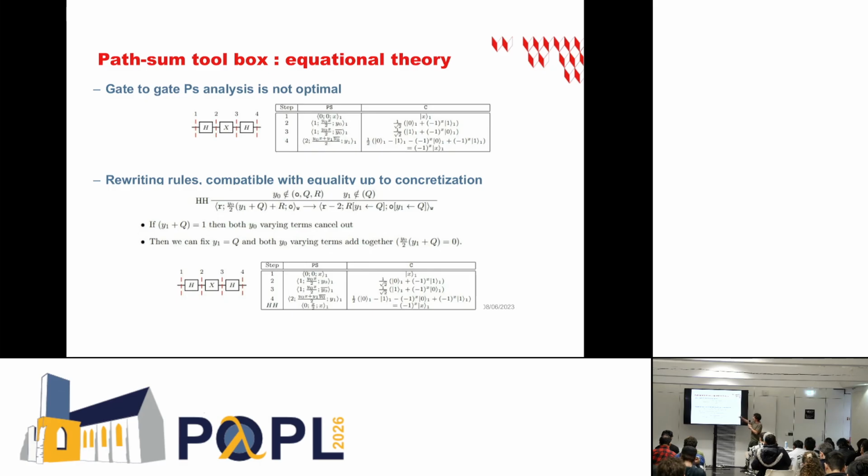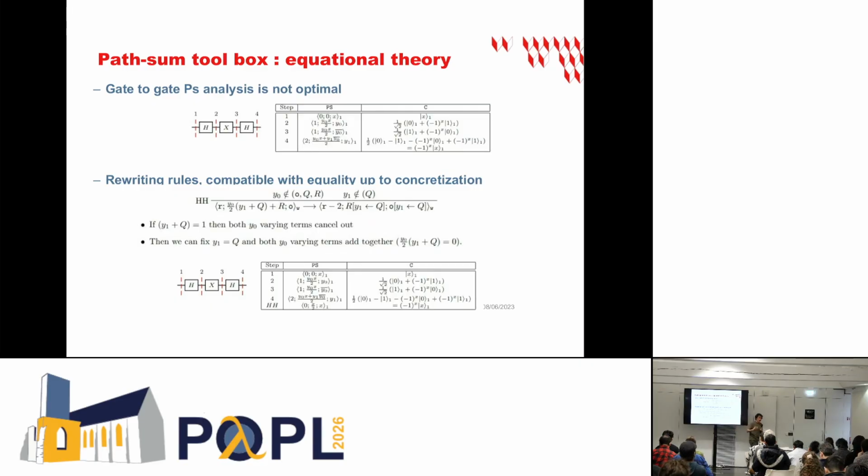With the gate-to-gate path sum analysis, because we meet 2 Hadamard gates, and a Hadamard gate increments the range, we end up with two different path variables, which means a sum of 4 different terms.